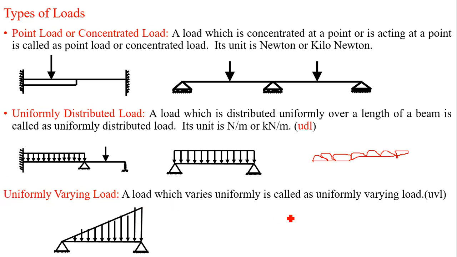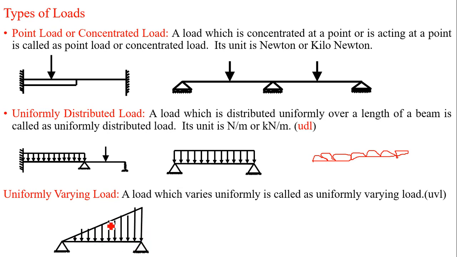A load which varies uniformly is called a uniformly varying load, that is UVL. As shown in the figure here, the load at this point is 0, and towards the other end the load goes on increasing uniformly or linearly, and at the other end the load is maximum.